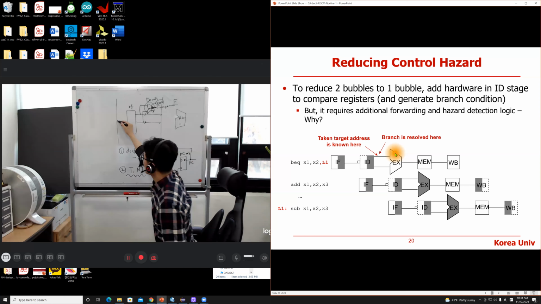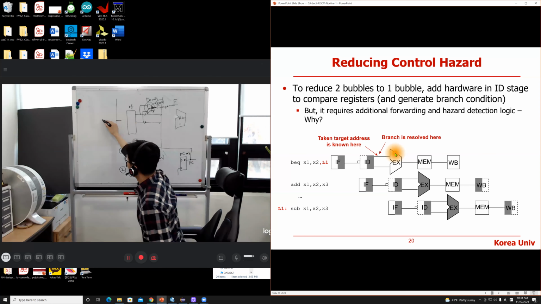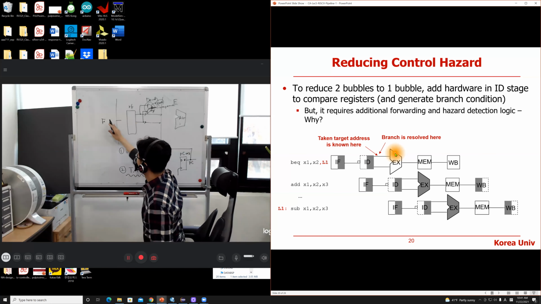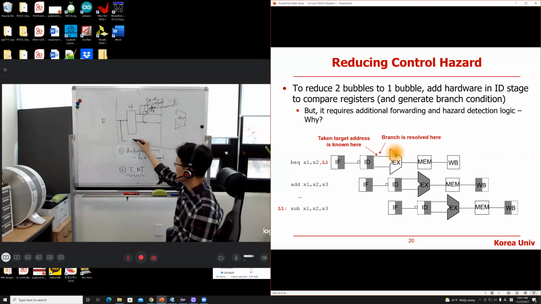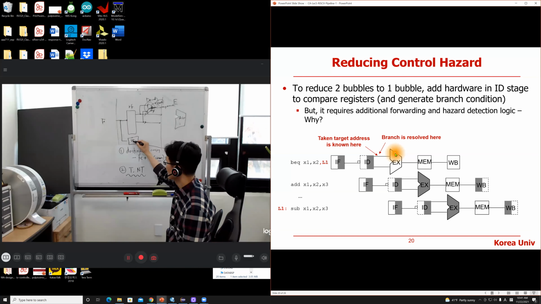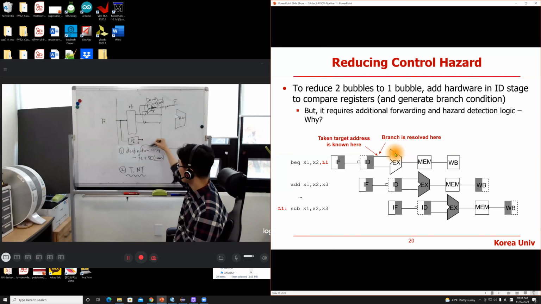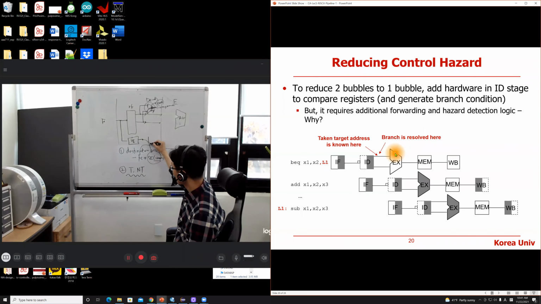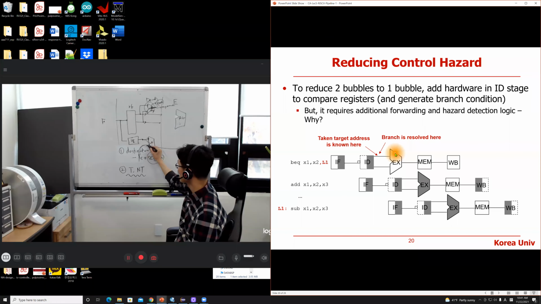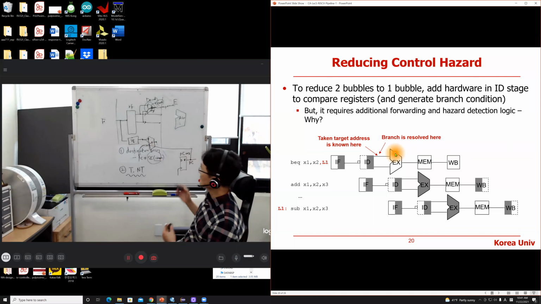Sign extension is coming from the instruction. In fetch stage you are reading instruction, and that is supplied to register file. You tap this line to get the immediate, then go through sign extension logic. You add these two, so you need to place an adder here, sign extension and PC. That will be the branch destination.